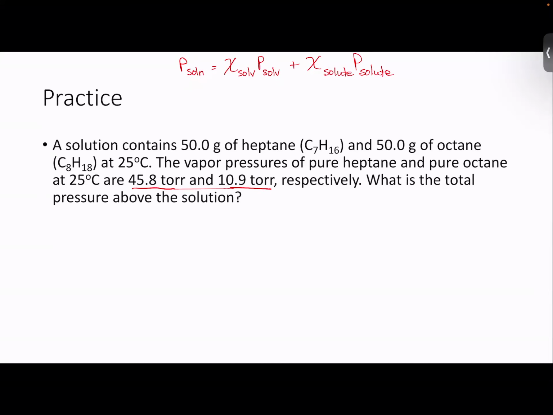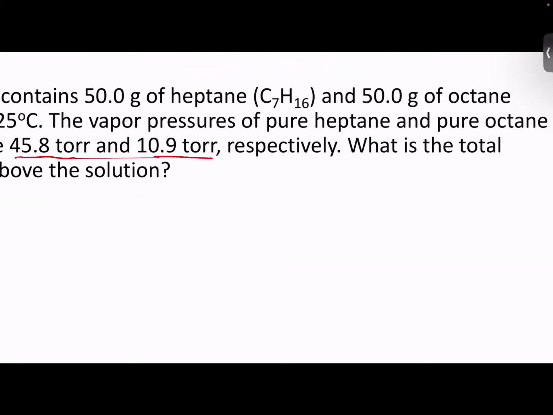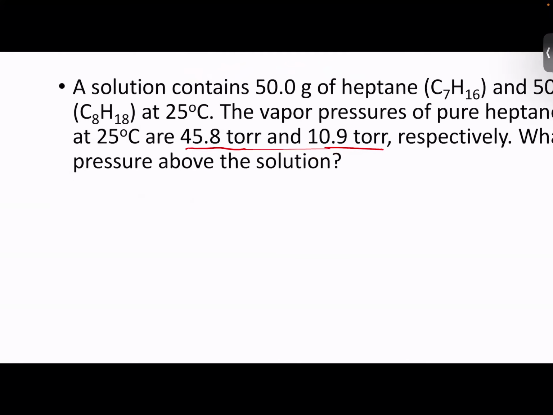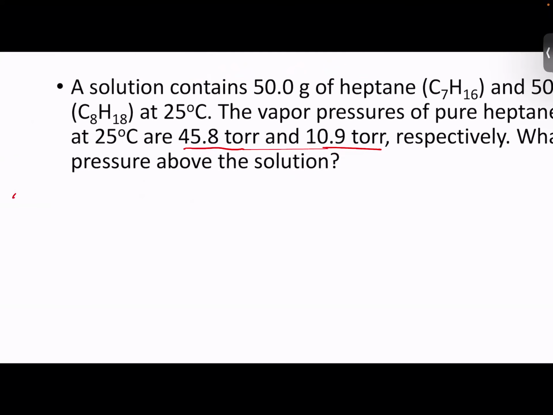Now, as before, in order to do this, I've got to get the mole fraction, which means I need the moles of everybody. So I'm going to start with the 50.0 grams of heptane, which I'm just going to refer to as C7 at this point.